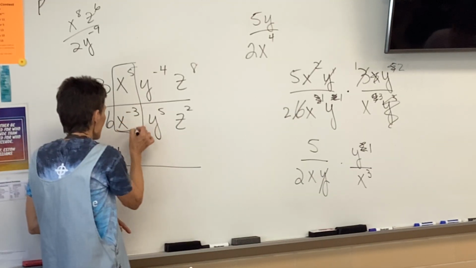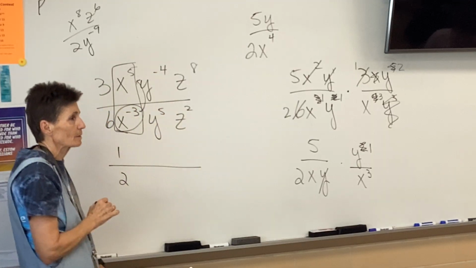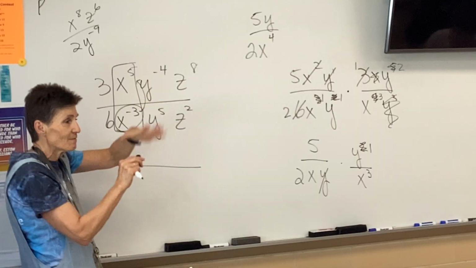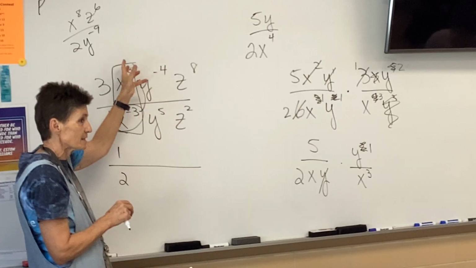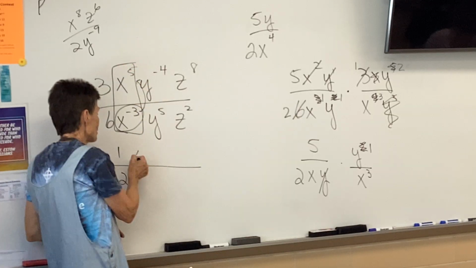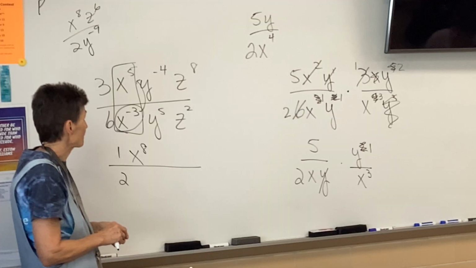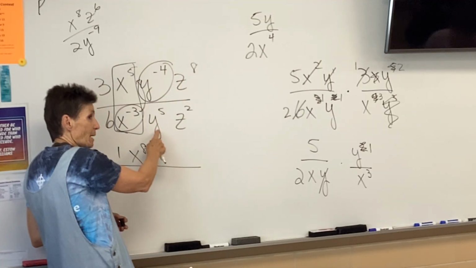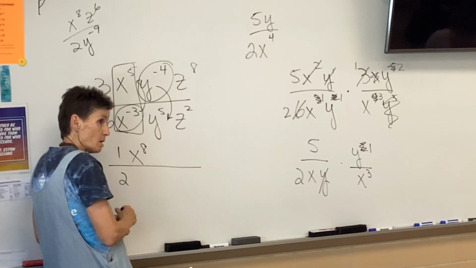So this guy right here is gonna have to come to the top. So there's 5 x's sitting up there right now. I'm gonna bring 3 to the top. Does it make sense to you that I would then have 8 x's up there? This is the same thing. I got 5 in the bottom already, but I'm gonna bring down 4 more.